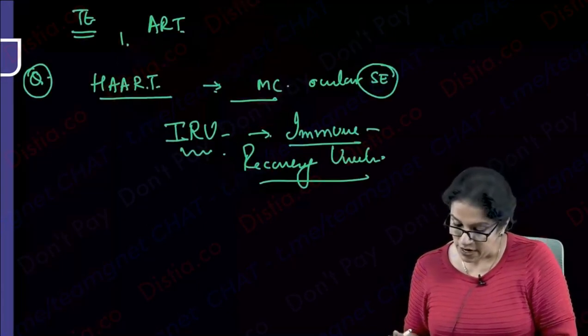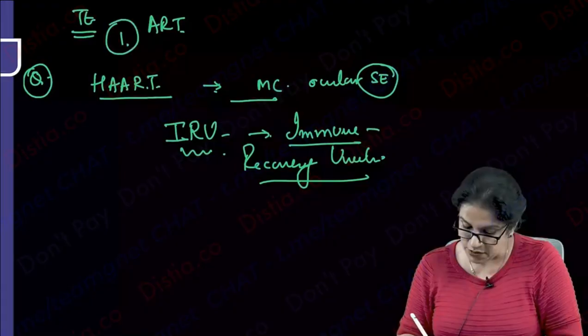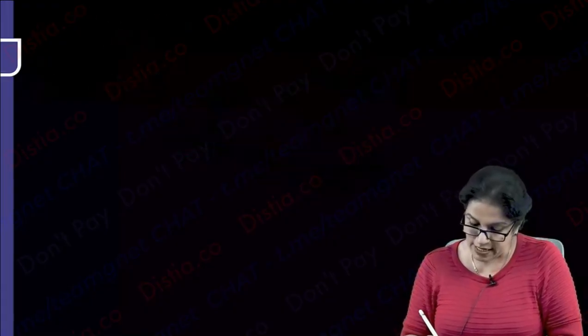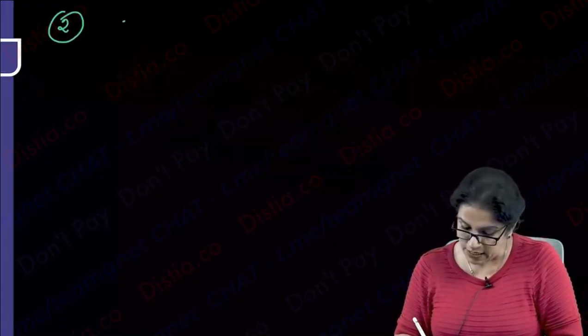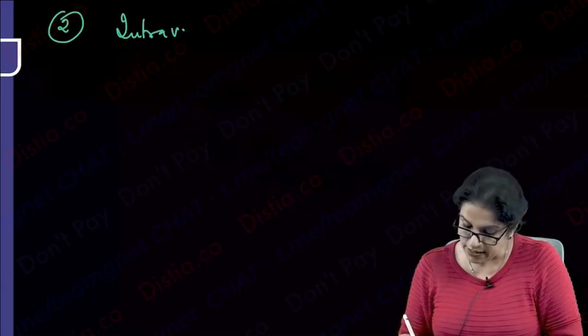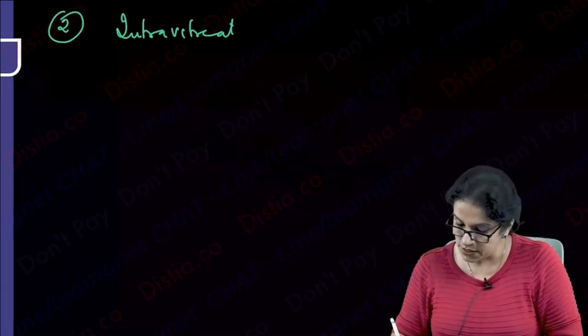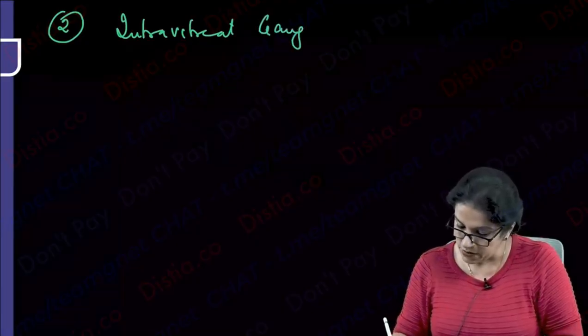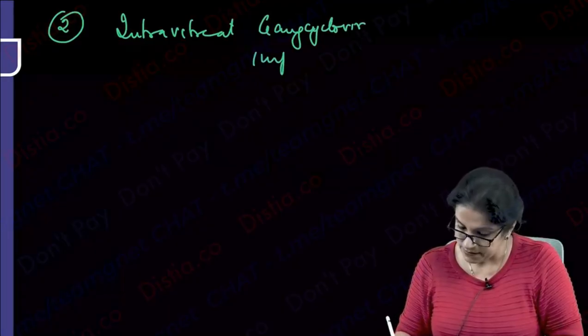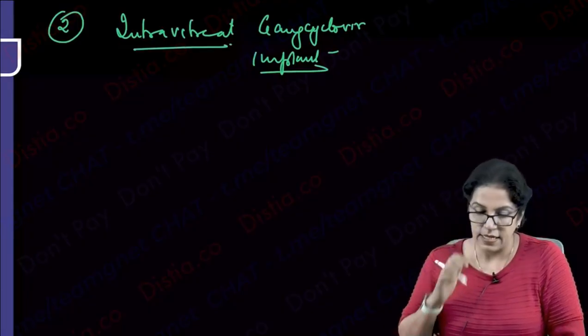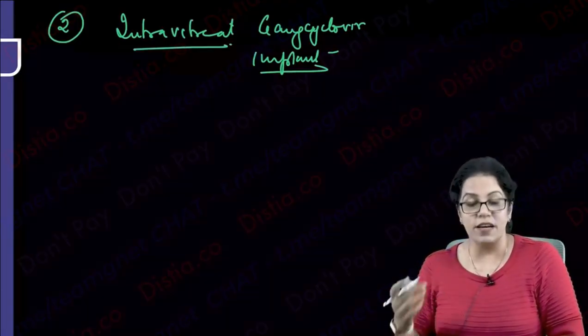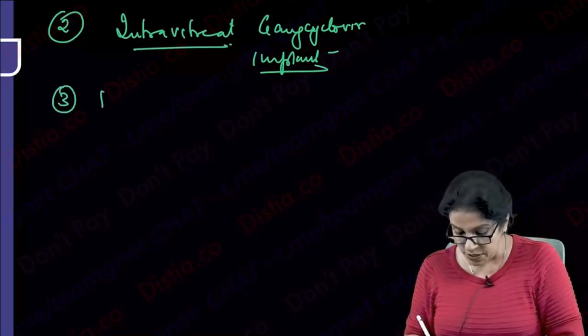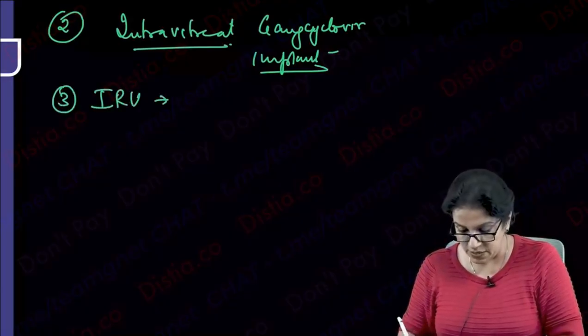And of course, if there is a viral infection after this antiretroviral therapy, what next can I give? We may need to give intravitreal ganciclovir for the CMV, so ganciclovir implants. Intravitreal implants can be put. And for immune recovery uveitis, the treatment is steroids.